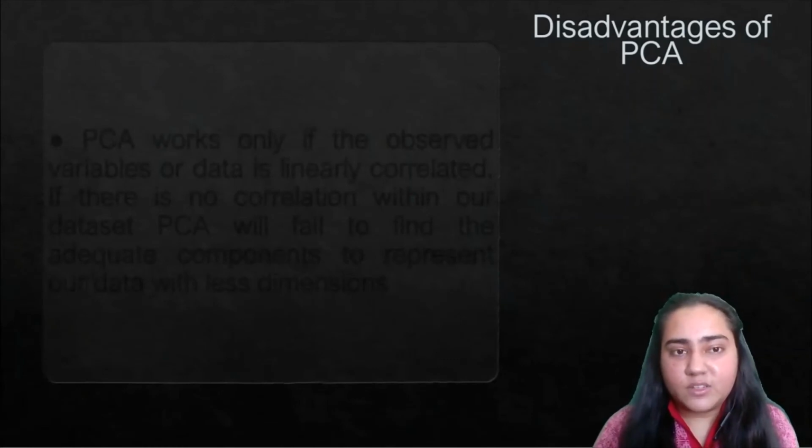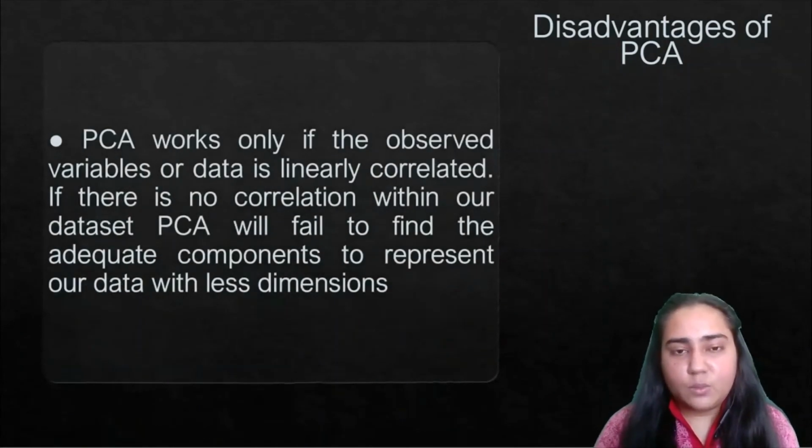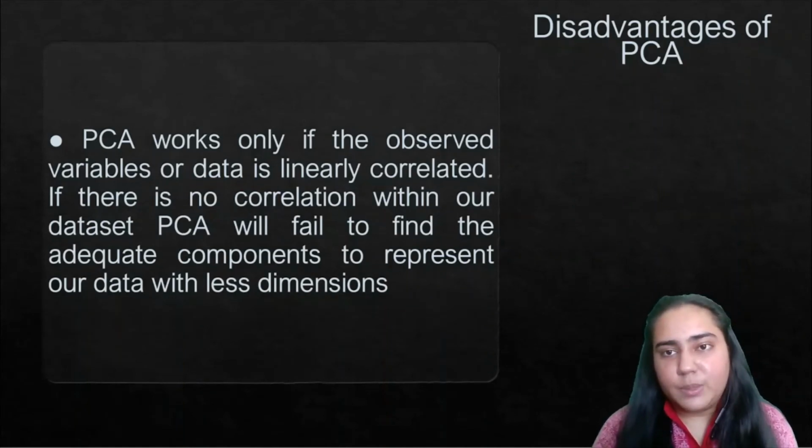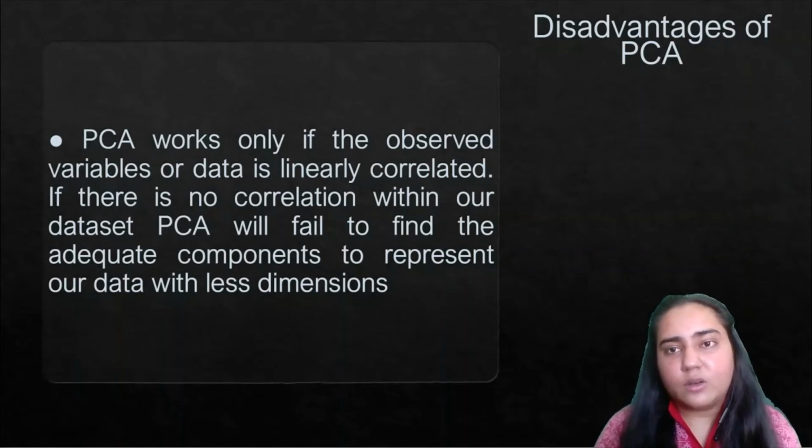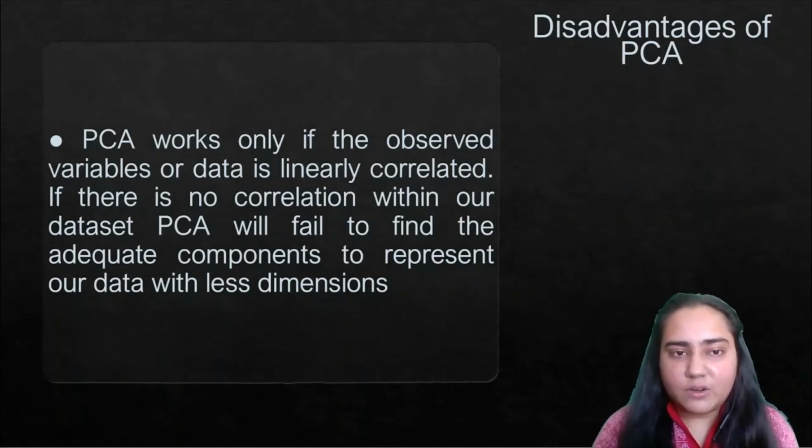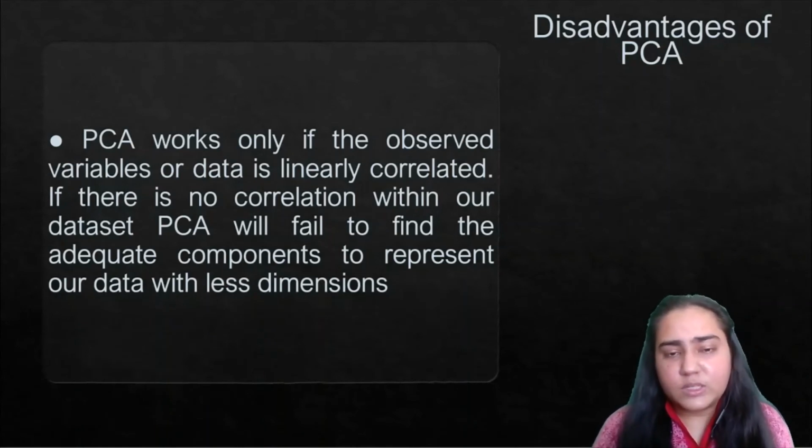Let's take a look at some of the disadvantages of PCA. PCA works only if the observed variables or data are linearly correlated. If there is no correlation within our dataset, then PCA will fail to find adequate components to represent our data with fewer dimensions. PCA relies heavily on linear correlation. If there is no linear correlation among your dimensions, then PCA has nothing to remove. Like I explained earlier, height and weight are linearly correlated. One increases, the other increases; one decreases, the other decreases.